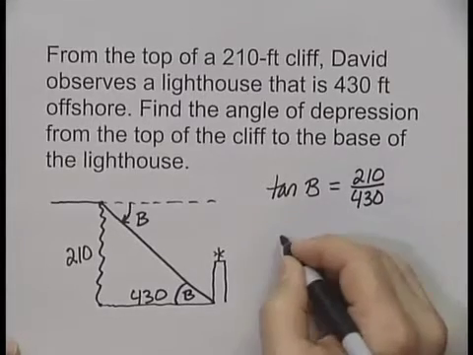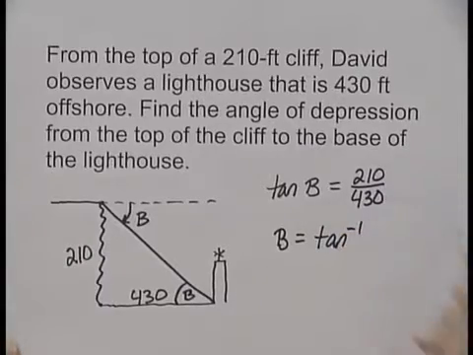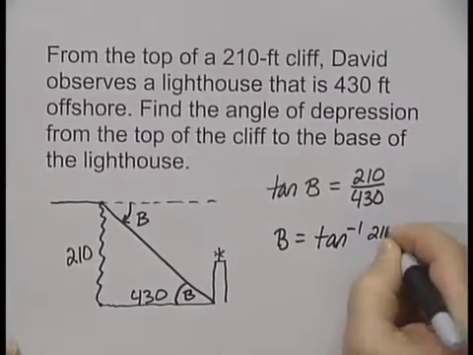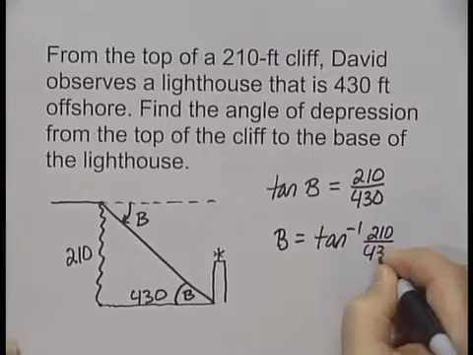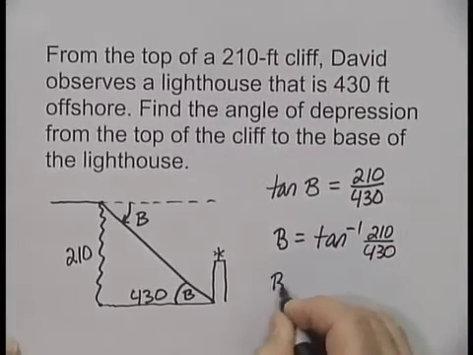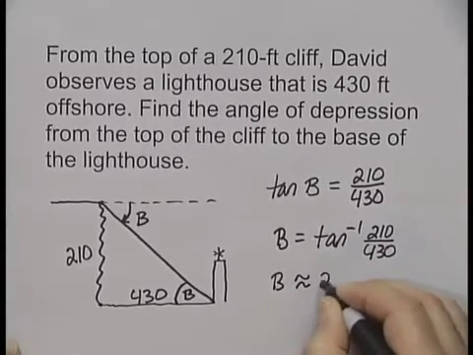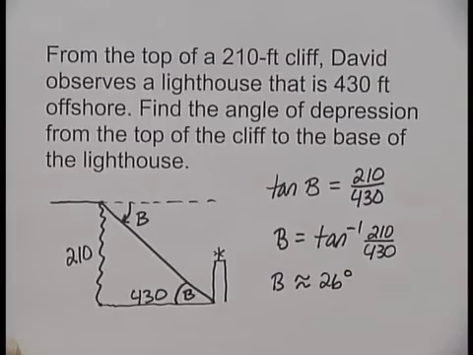So now we can say that angle B is equal to the inverse tangent of 210 divided by 430. Evaluating this on a calculator, we'll find that angle B, which is the angle of depression, is approximately 26 degrees.